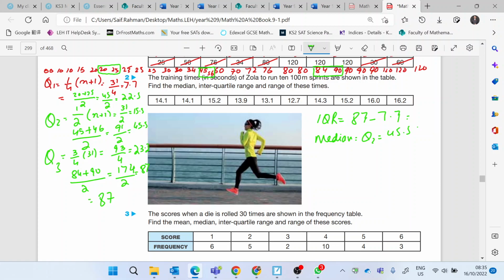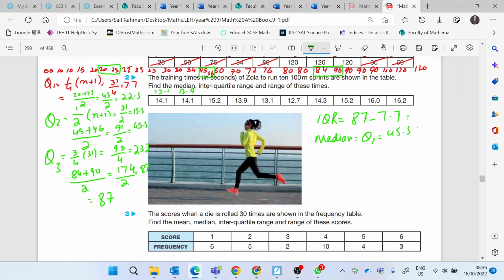So 13.1 is your lowest, and the next number here is 13.9, and the next number comes to 14, and the lowest is 14.1.